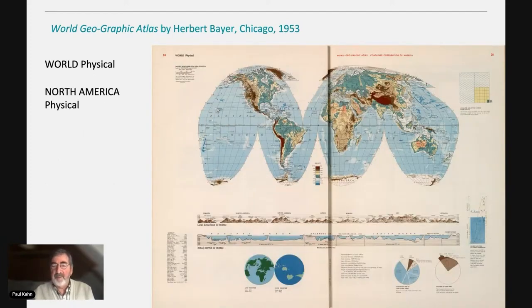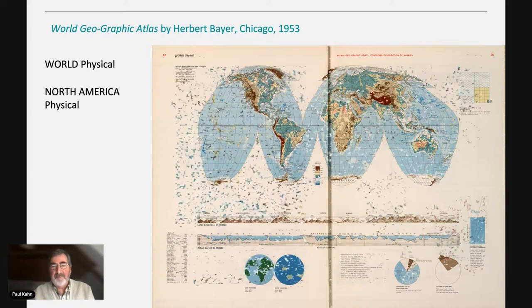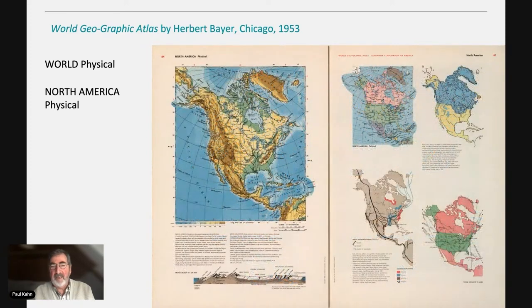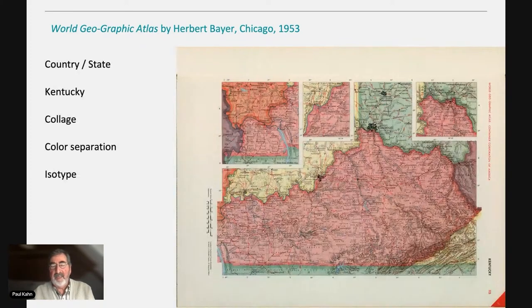So now we begin to see this combination of scientific diagrams and maps, and he works his way into the maps by first showing the world with the alignment of all of the different mountains below this unfolding of the globe, as well as the depths of the oceans, and then moves into individual continents such as North America, and then from there into individual countries and states.